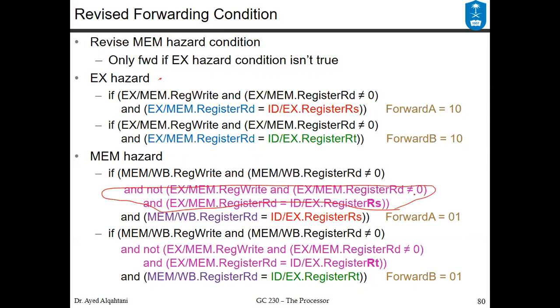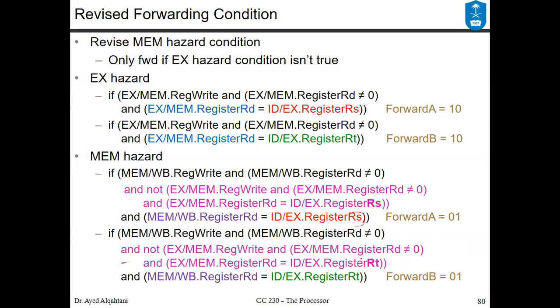You need to make sure that the conditions that we discussed are valid, and also you are not already forwarding from the execute. So if you are not having this valid, you can see the not here. And this is also similar if you are doing the other operand.